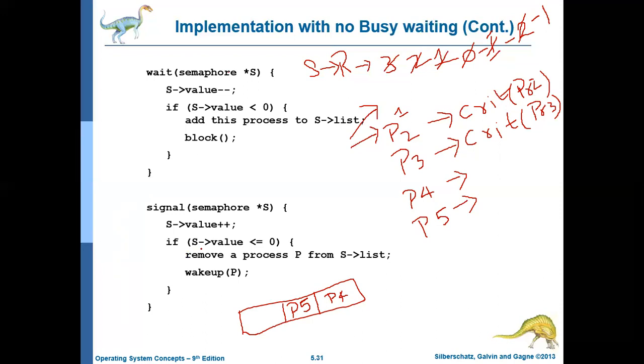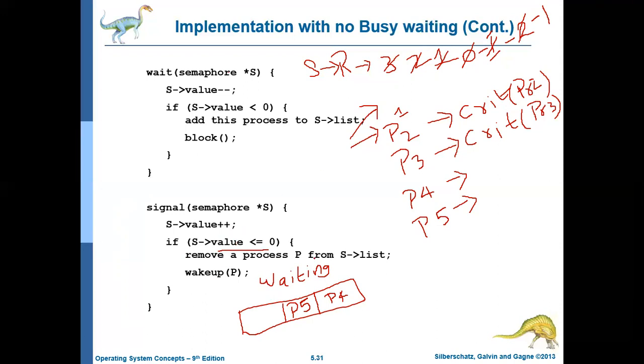Then again it checks whether the s value is less than or equal to 0 or not. If s is less than or equal to 0, then what does it mean? It means that somebody is waiting in the waiting queue for the printer, for the shared resource, so they can be given the shared resource. So as it is less than or equal to 0, even after incrementing it is -1, which is less than or equal to 0.